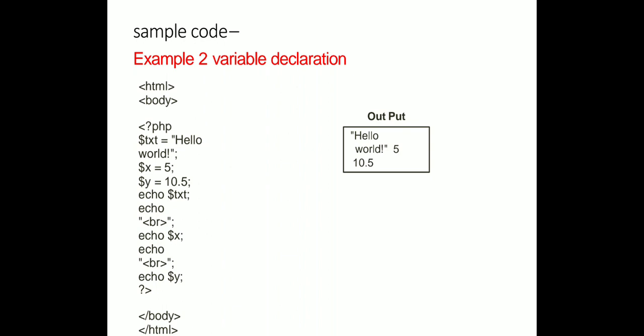Both statements are defined, and I close the body tag as well as the HTML tag. The output can be seen in the block as hello world and the values of x and y, which are 5 and 10.5 respectively.